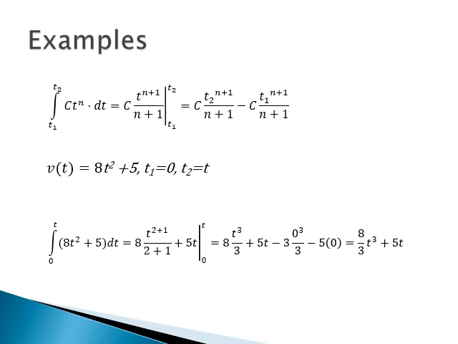Or you can think of it as taking the antiderivative of the sum. Either way is appropriate. What you end up with here is the antiderivative of 8t squared, which should be 8t cubed over 3, and the antiderivative of 5, which should be 5t, evaluated at the two endpoints, which is 0 and t. The 0 still goes away in both terms, and so what you are left with is 8/3 t cubed plus 5t.